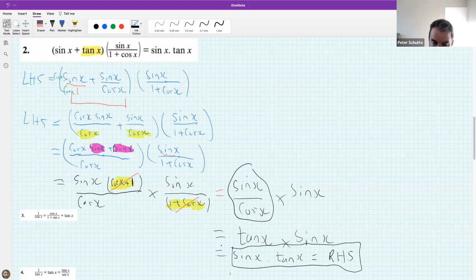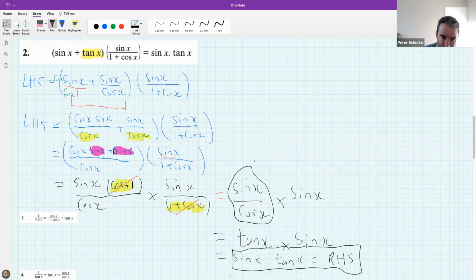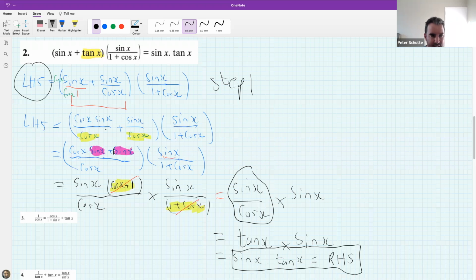Now, that was a pretty tough one. So let's take a moment to review it, to understand the steps we went through, because trig identities are really about steps. Step 1 was to identify the correct side, the left-hand side.